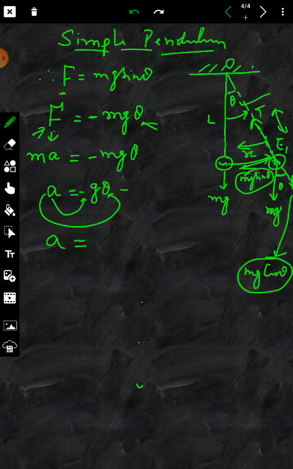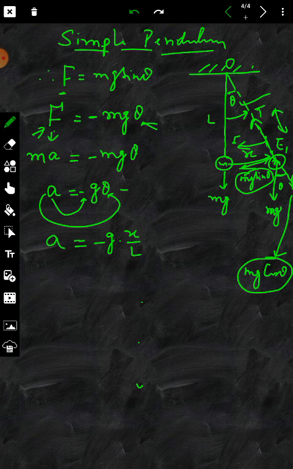So acceleration becomes equal to minus g into theta, and theta can be written as x upon L, where L is the length of this simple pendulum and x is the displacement.